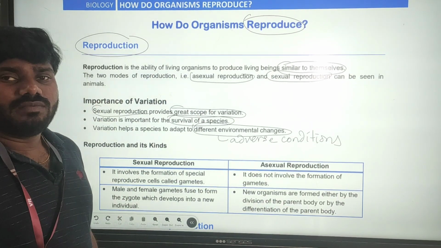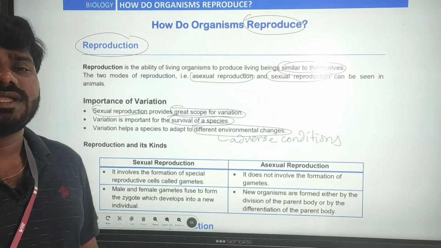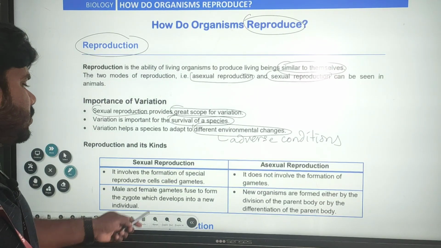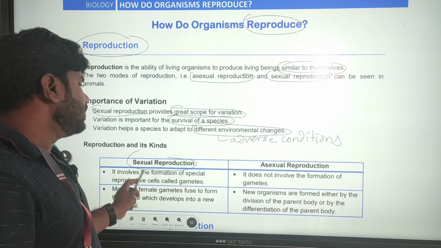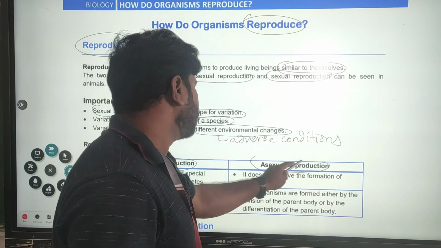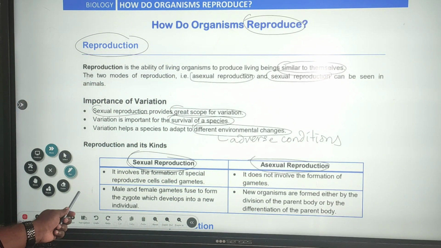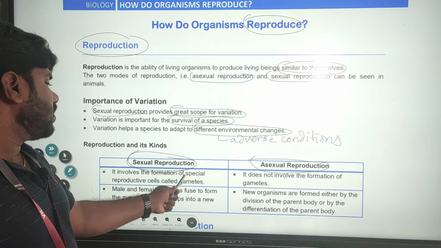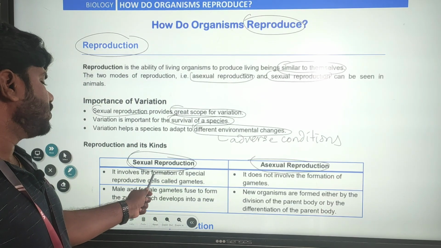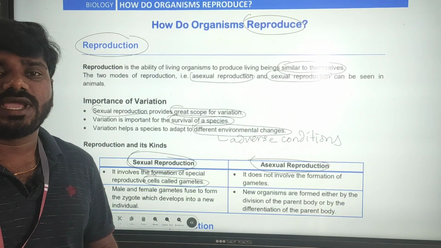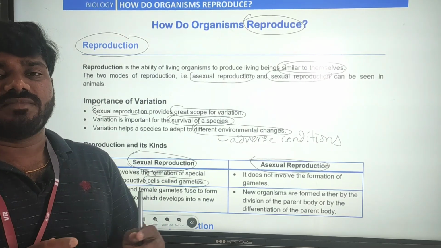Now we will see the difference between asexual reproduction and sexual reproduction. Sexual reproduction involves the formation of special reproductive cells called gametes, and fusion of gametes takes place.